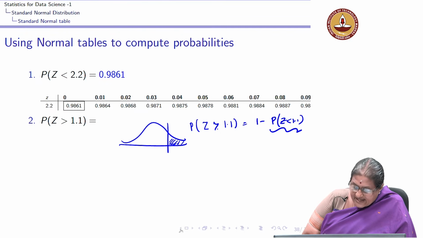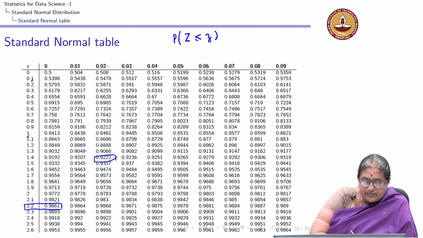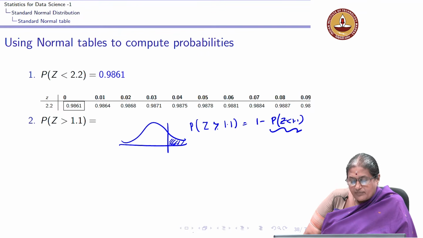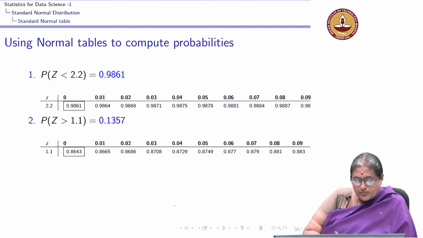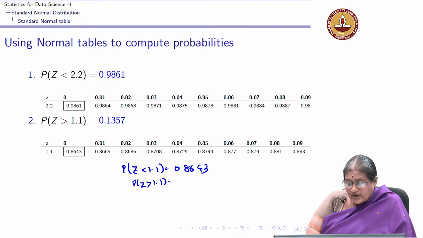From my table, the probability z is less than 1.1 is 0.8643, which gives me the probability of z greater than 1.1 as 1 minus 0.8643, which is equal to 0.1357.